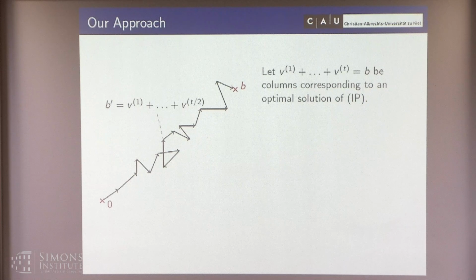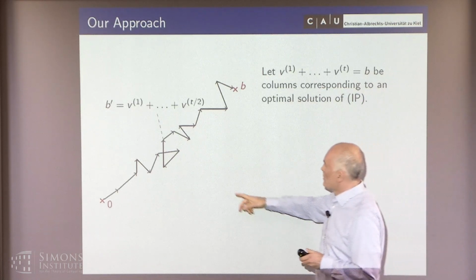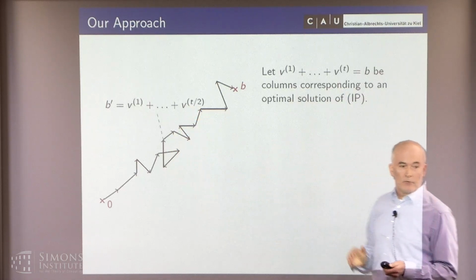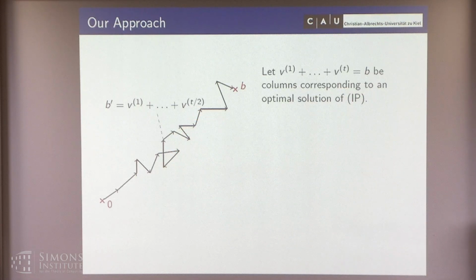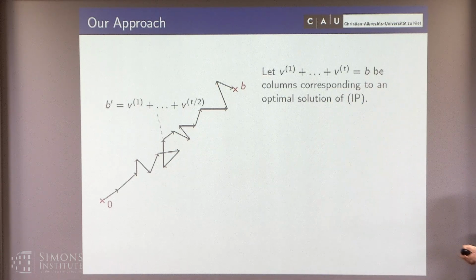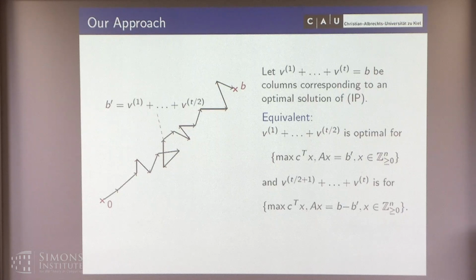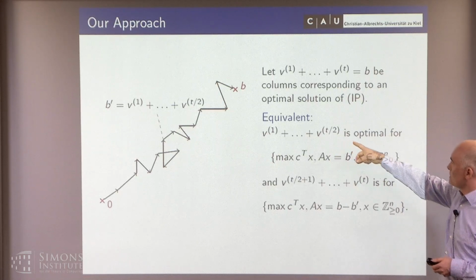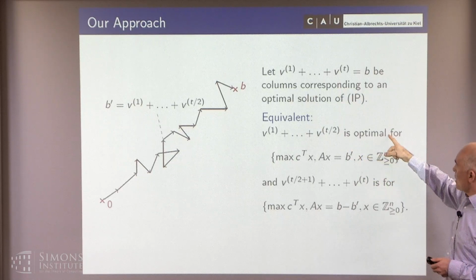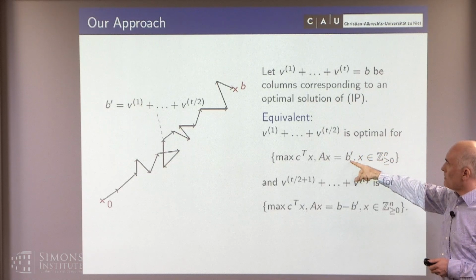How can you improve this? So the idea is that you take your path, and then you look at a position somewhere in the middle, after t over 2 times the number of vectors. So we take, again, the columns corresponding to an optimum solution. And then we know that the first t over 2 vectors together are optimum for the right-hand side b prime.